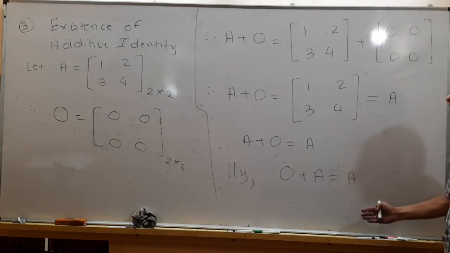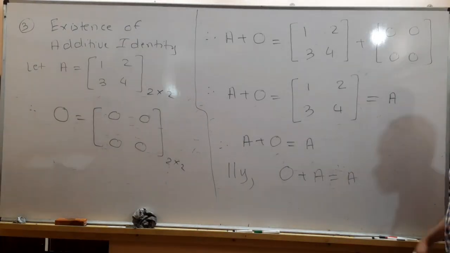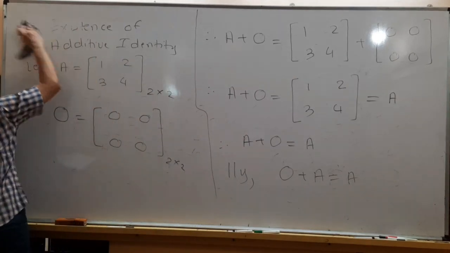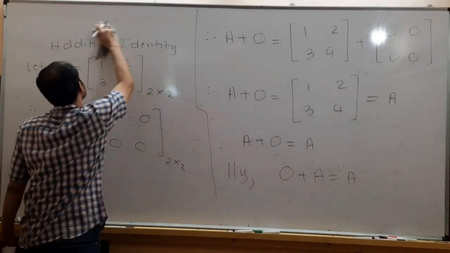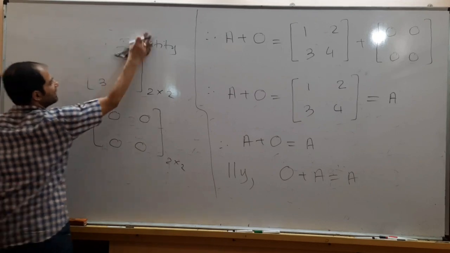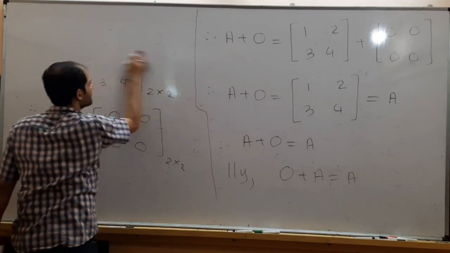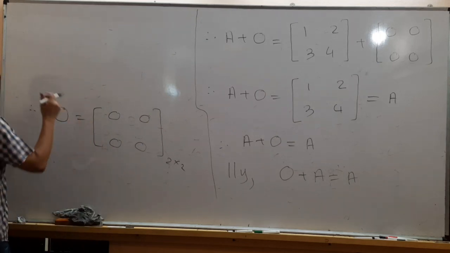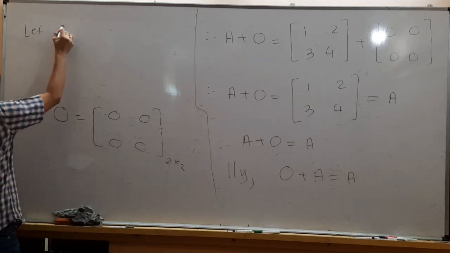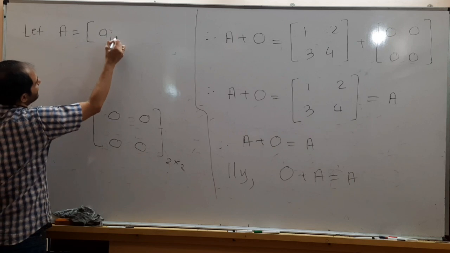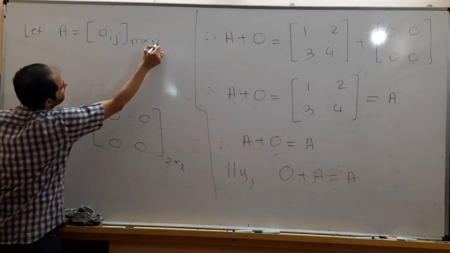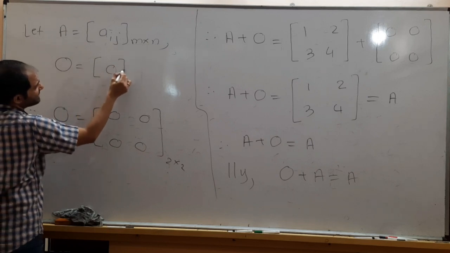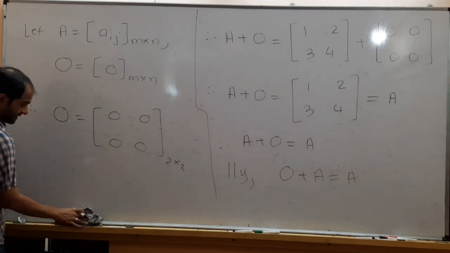But if I had written it directly, it would not have been clear to many students. So the point is, we just need to write: ultimately, let A is equal to Aij of the order n cross n, and consider the zero matrix O, where all the elements are 0, of the order n cross n.